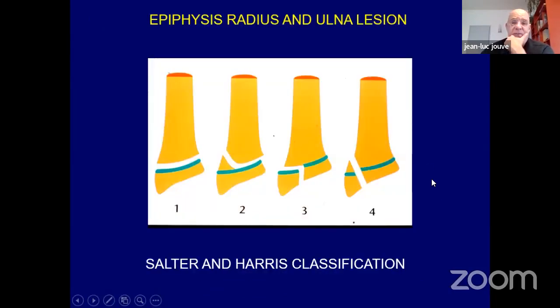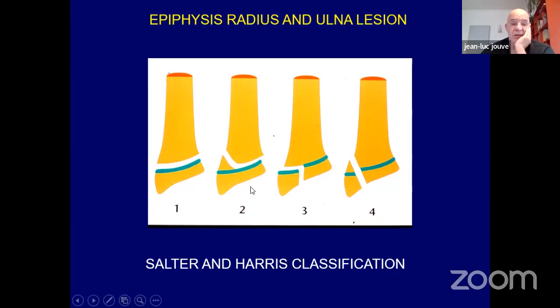Concerning the epiphysis, it is typically the lesion described by Bob Salter on the physis, with Salter 1 and 2 separation of the growth plate, or metaphyseal separation of the growth plate.